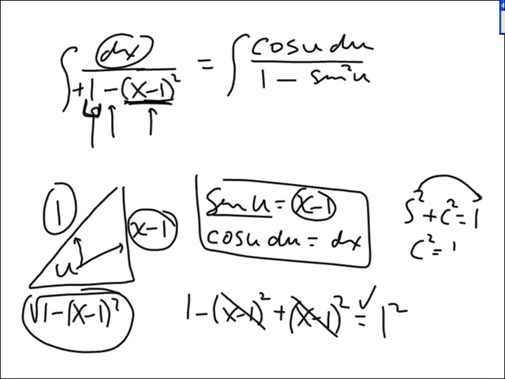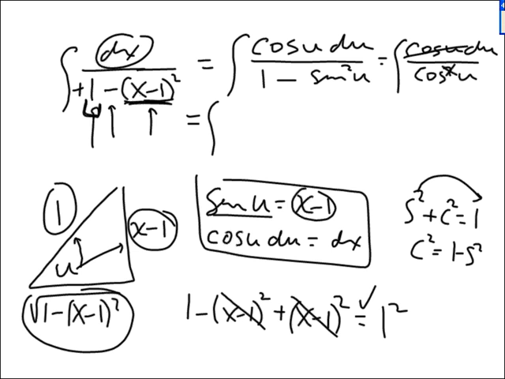You have cosine squared, 1 minus sine squared. That bottom is cosine squared u. Kill off one cosine on the top and one of the two cosines in the bottom. You're left with one in the bottom.